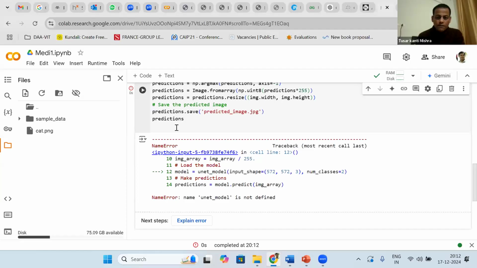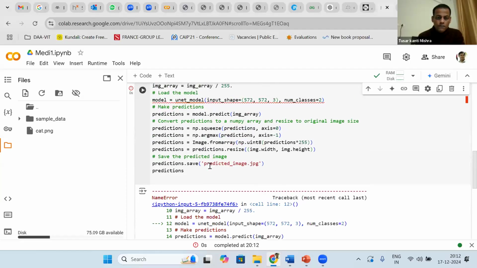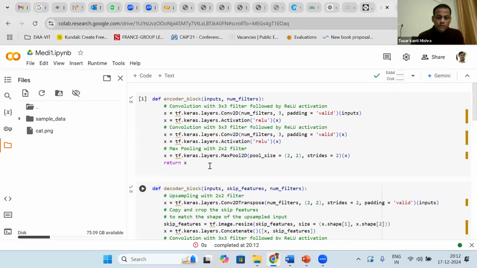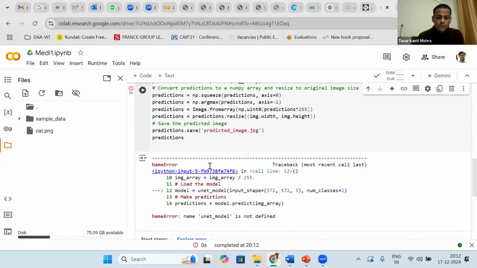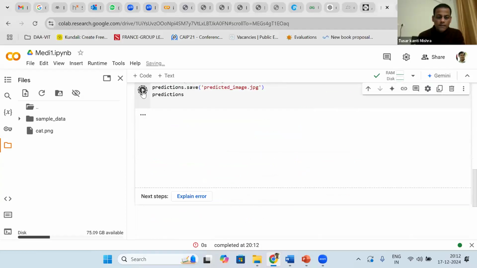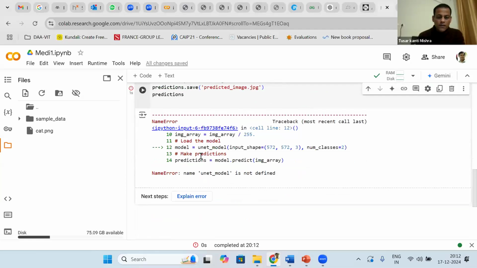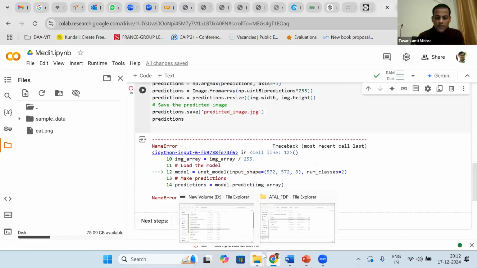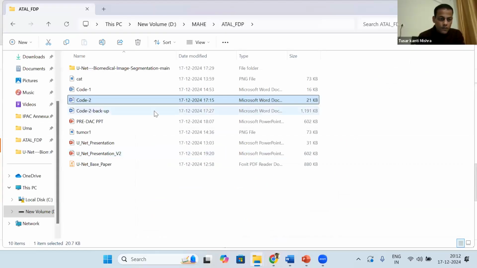It should not appear. Just try again. Still not happening. I'll be sharing the output for this, or let me check if some output I have stored.